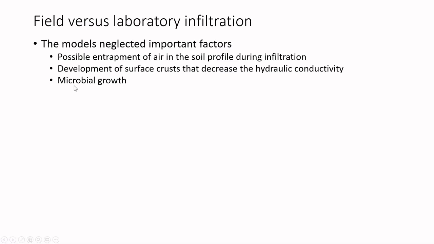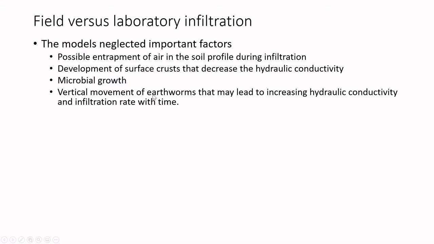And then of course there is microbial growth. In the field soil, we might have this microbial growth affecting the infiltration process. Rather, in the laboratory, we might accidentally remove that effect from being taken into account. Vertical movement of earthworms may lead to increased hydraulic conductivity and infiltration rate with time, because the earthworm's purpose is to make holes in the soil.